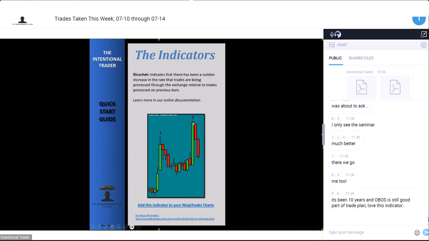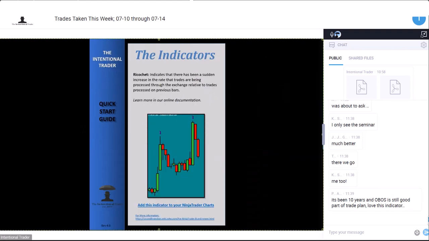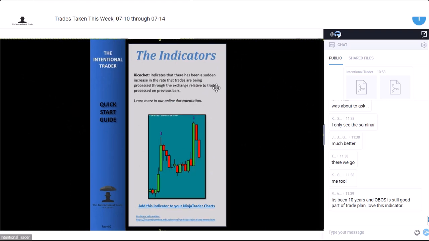There's a good chance that this bar was not created by us retail traders, that it was created by something mechanical, computers. And if that's the case, they're looking to create a reaction. So it's very likely that we're going to get a pullback after a ricochet.